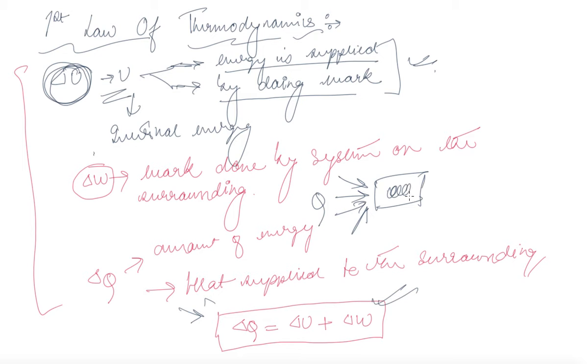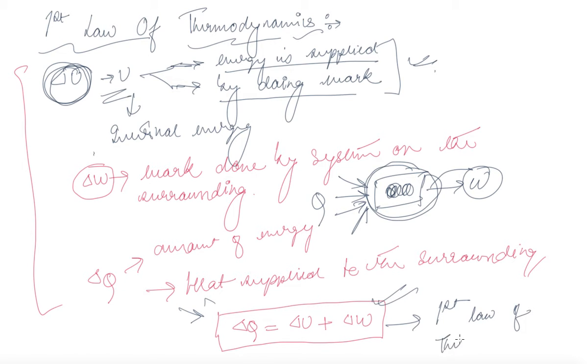Either there will be a change in internal energy, or this system will do some work W, or both, a slight change in internal energy and a slight work done. So this is what we know as the first law of thermodynamics.